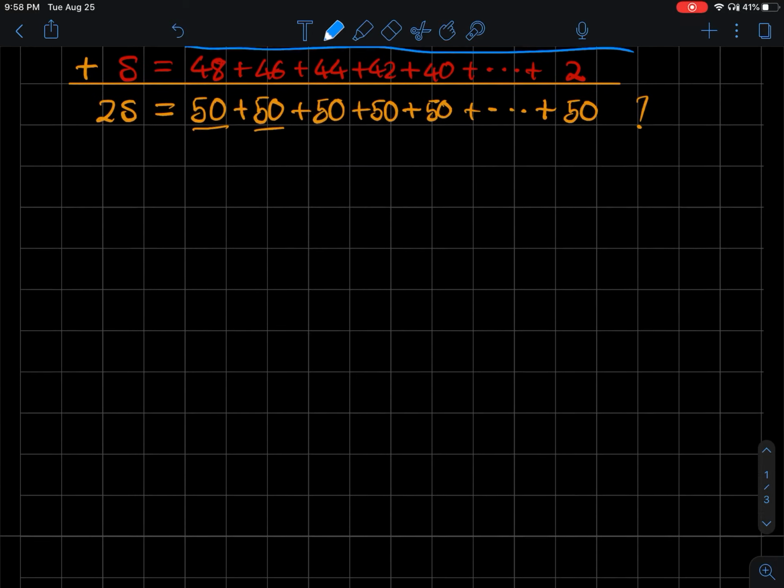Let's try finding that. We have 2, 4, 6, 8, all the way to 48, right? Now, remember I just said, whatever you do to each term of the sequence, it doesn't change how many terms there actually are in the sequence.